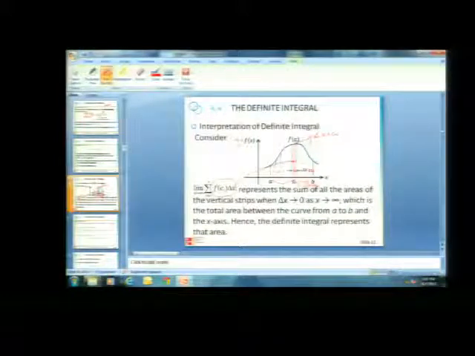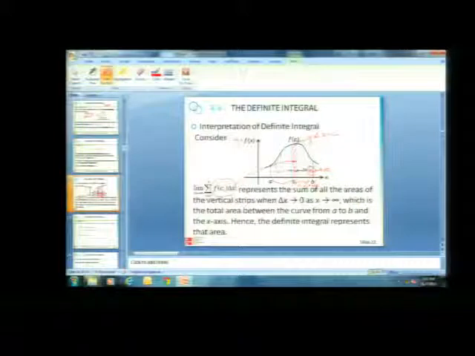Now what does this limit mean? When we take the limit as n goes to infinity, what is n? N is the number of vertical strips. So if n goes to infinity, we are taking an infinite number of vertical strips within this interval from a to b.